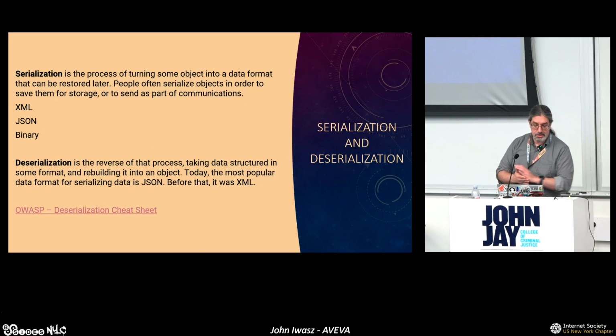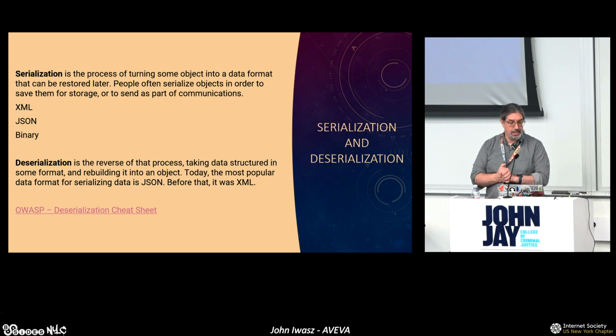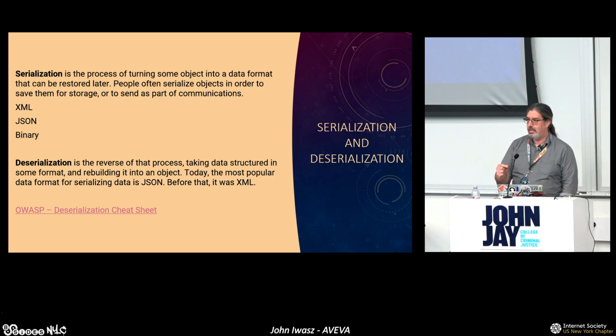So a little bit about serialization. It's taking an object model and representing it in an inert state, whether it be XML, JSON, or binary serialization. Where this becomes a problem is when the message defines the type to deserialize as.